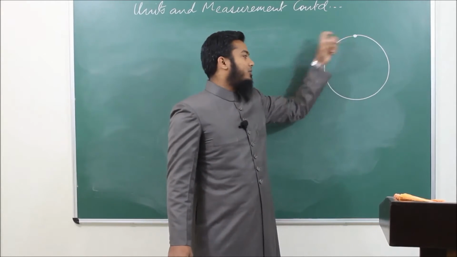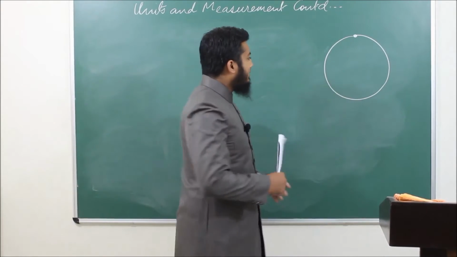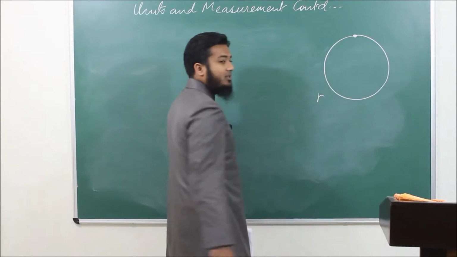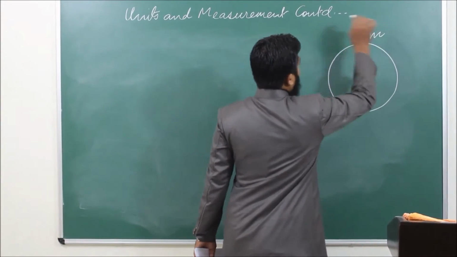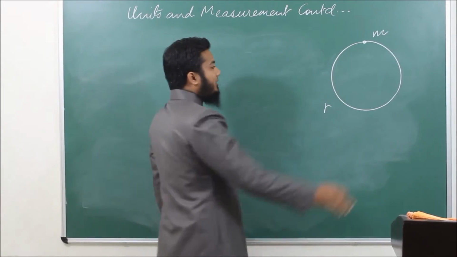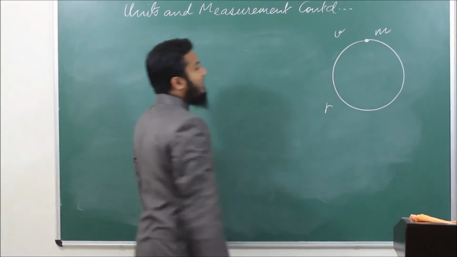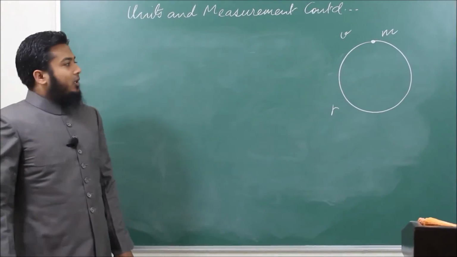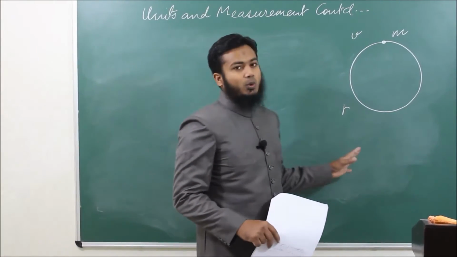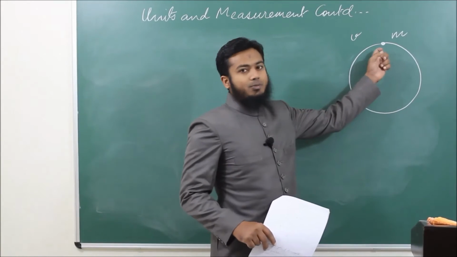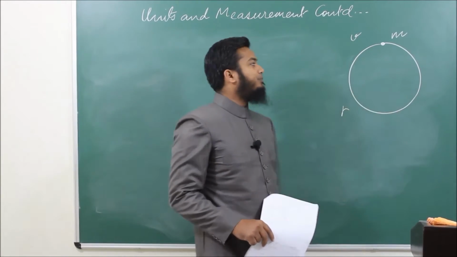So say this object is moving on this circle, and say r is the radius of the circle, and this particle has a mass small m, and it is moving on a circle with speed v. So now we have to find a formula for the force which is acting on this particle, on this circle.